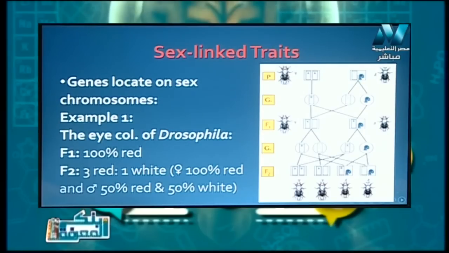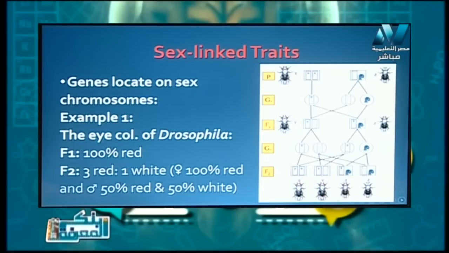So the individual here possesses one gene, and if this gene is dominant, he carries the dominant character, or if the gene is recessive, the individual will carry the recessive character, and no other gene on the other sex chromosome.